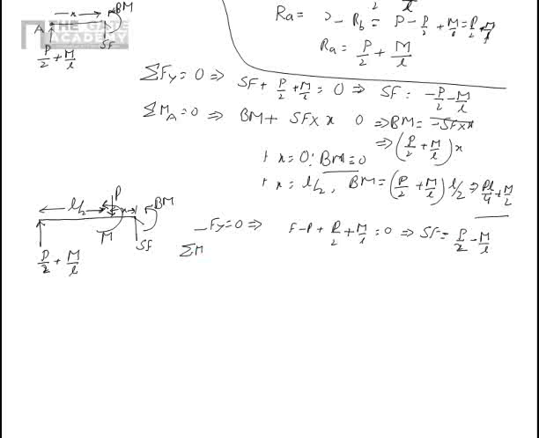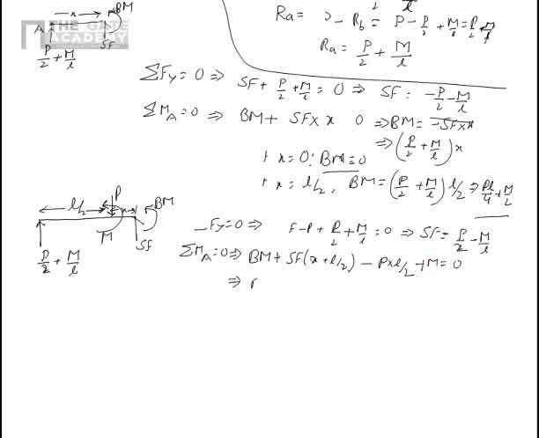Similarly, the moment at A is equal to 0 will mean Bm plus SF into x plus L by 2, SF is this SF now, minus P into L by 2 plus M is equal to 0.